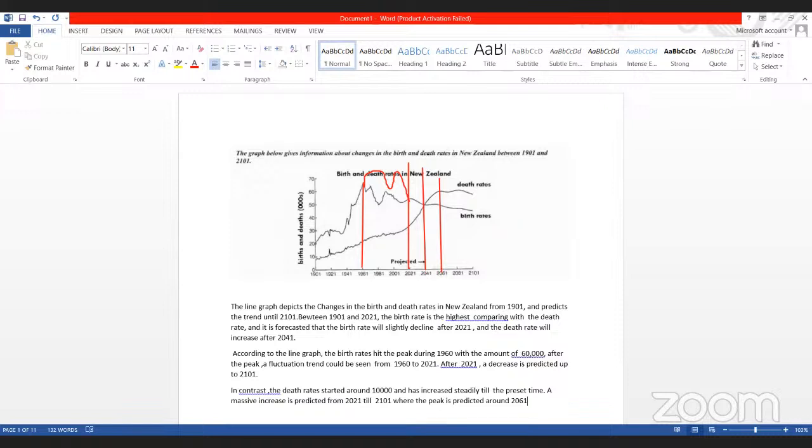Then we need to say it gradually declines. After which a gradual decline is forecasted till, right?